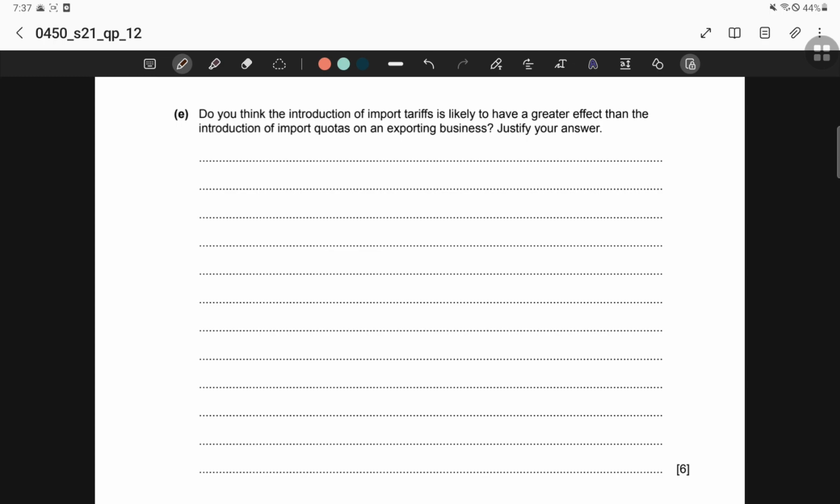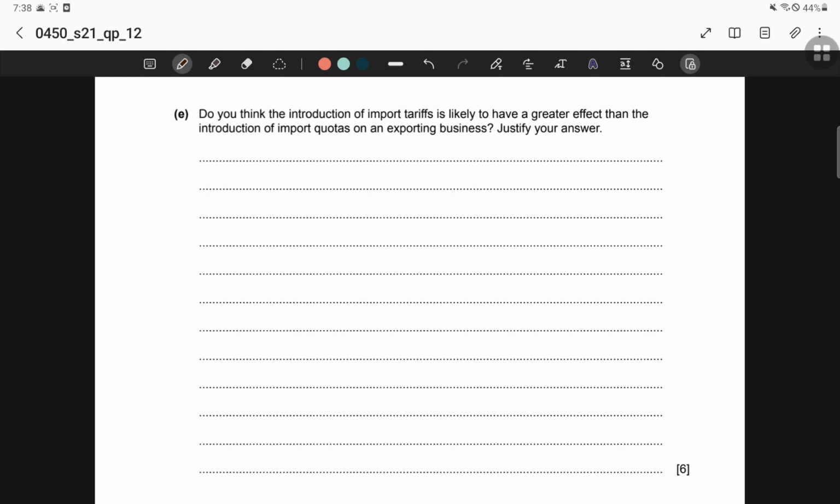Now this point says that when there are import tariffs, basically you have to pay more taxes for your products. And when the business chooses not to price up their products, they will lose profit. And if they were to make higher prices, they will either lose customers or have fewer sales. Also, they will have a lot of competition.